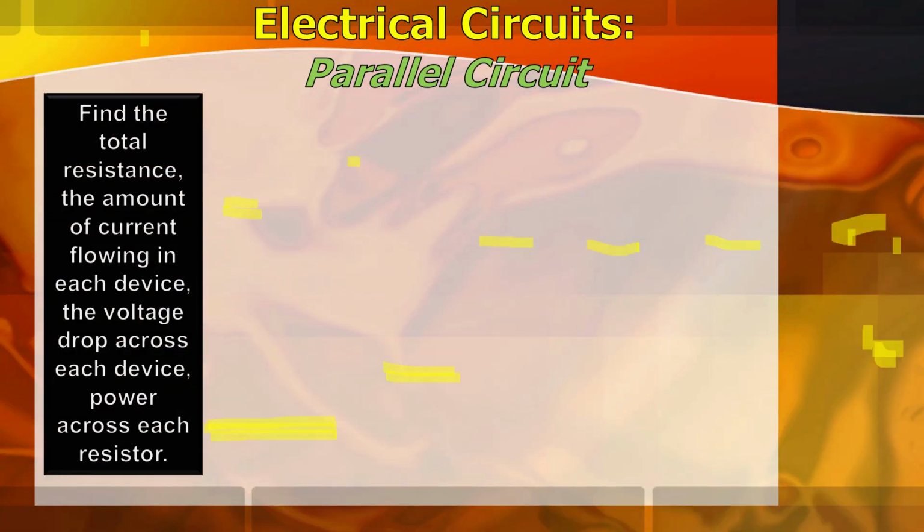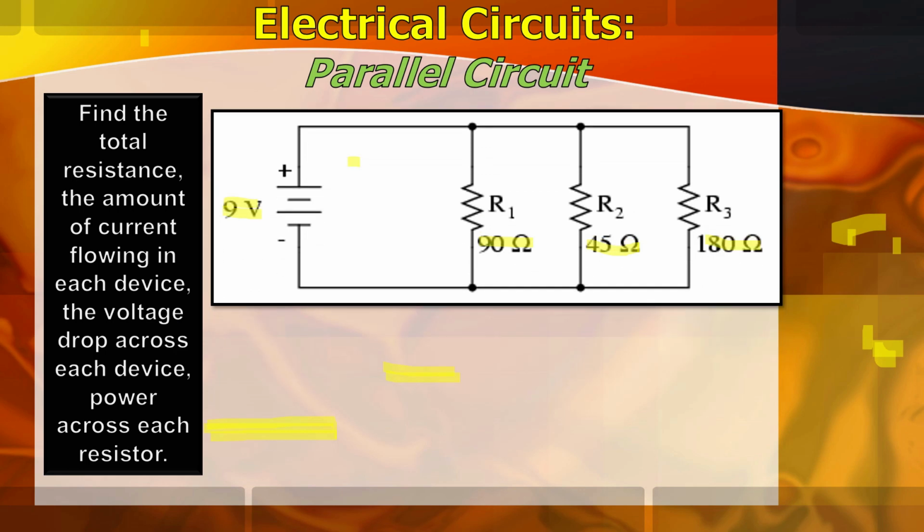Let's have an example for parallel circuit. So, I have here 3 resistors connected to our source, which is 9 volts. We have 90 ohms, 45 ohms, and 180 ohms respectively. So, for us to get the R total, as in the first one, 1 over R total is equal to 1 over R1 plus 1 over R2 plus 1 over R3, since we have only 3 resistors connected here.